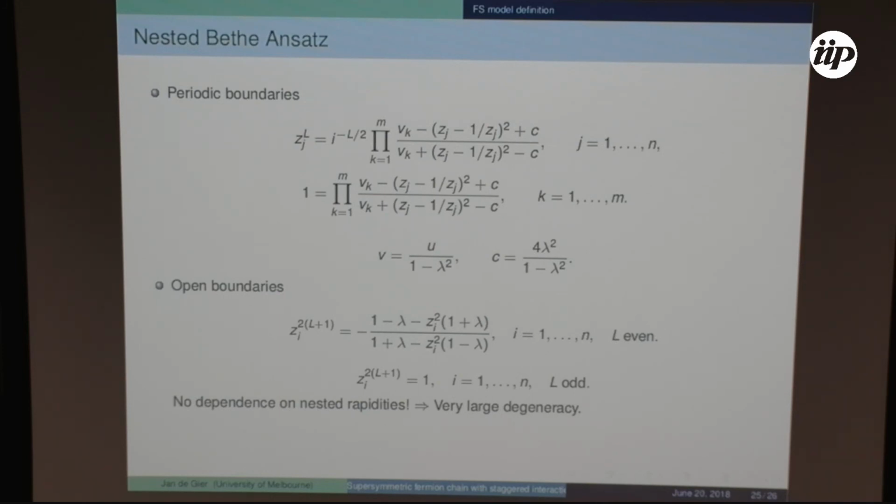There's one more interesting fact that I want to report, which is that if we do this for the open boundary case, so for certain open boundary conditions, the Bethe equations look like this, and you can see that the dependence on the second family of Bethe roots has completely disappeared. So if you tune your boundary conditions in such a way, the spectrum becomes free fermionic if the system size is odd, and non-interacting if the system size is even. So non-interacting means that this only depends on z_i, but not on all the other z.